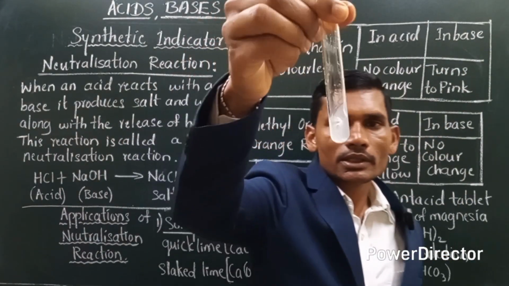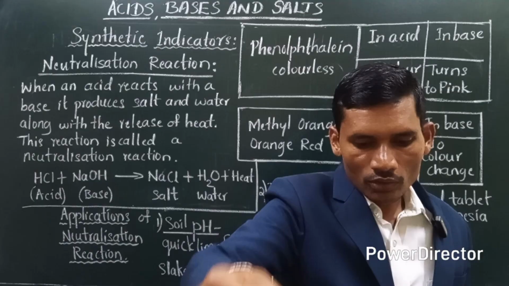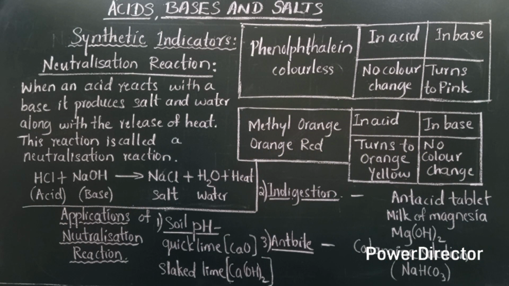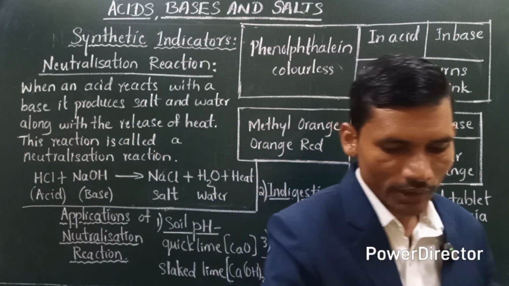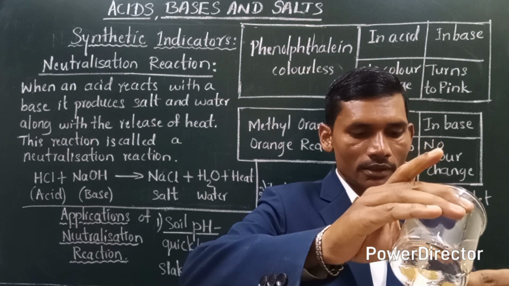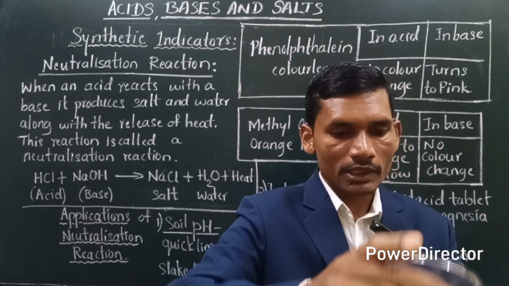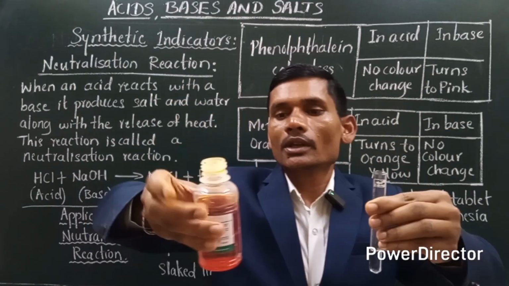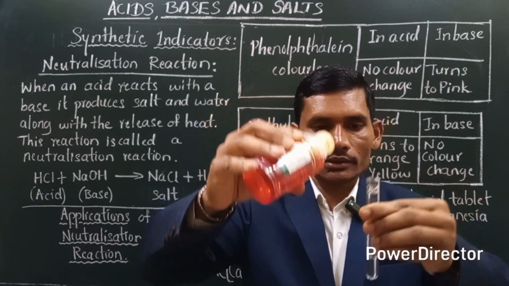It is colorless, so instead of this we will take methyl orange and test what color it changes to. The methyl orange solution is orange yellow in color.